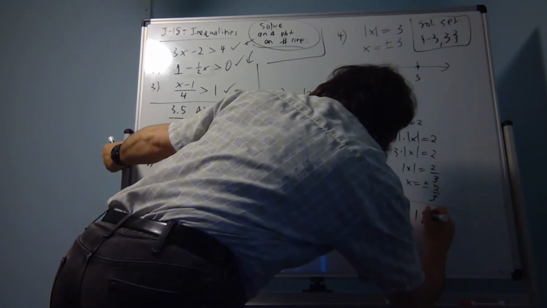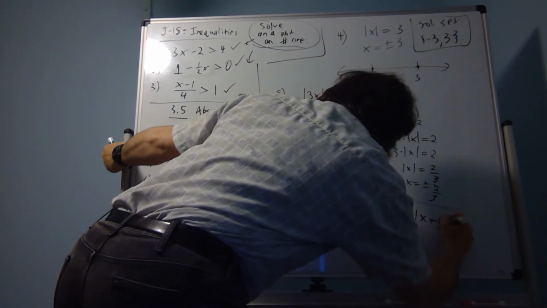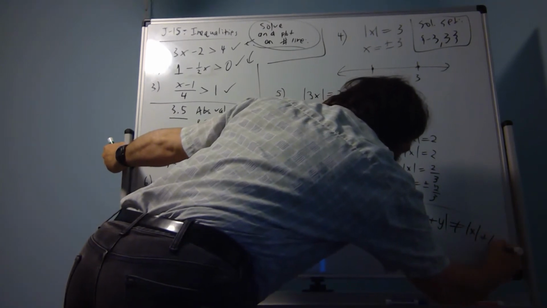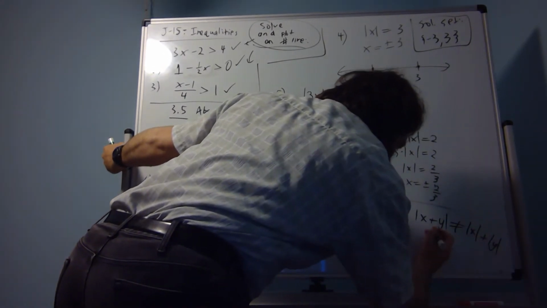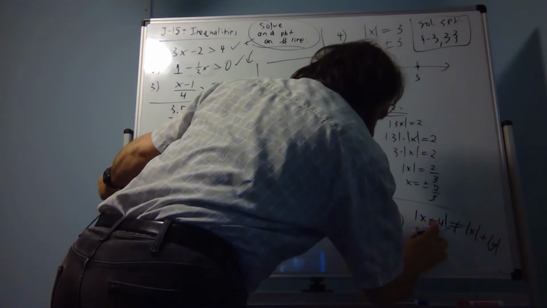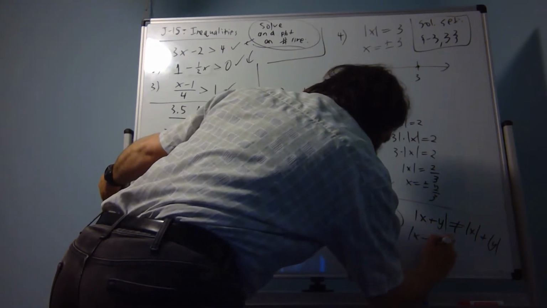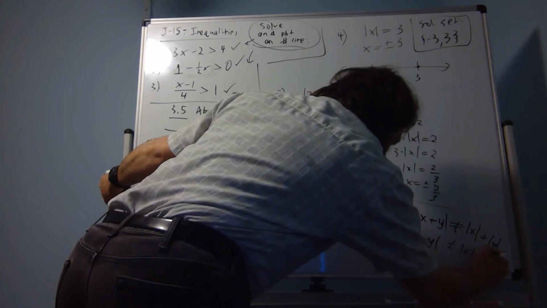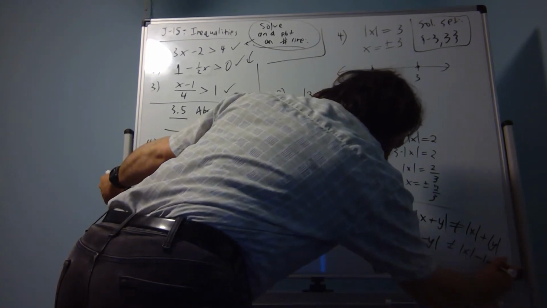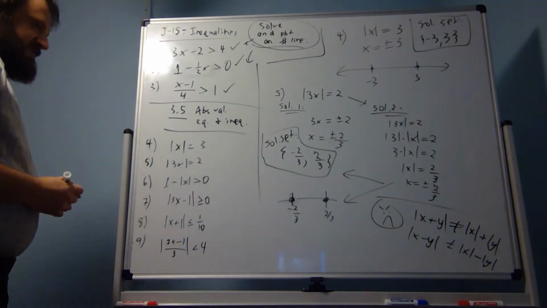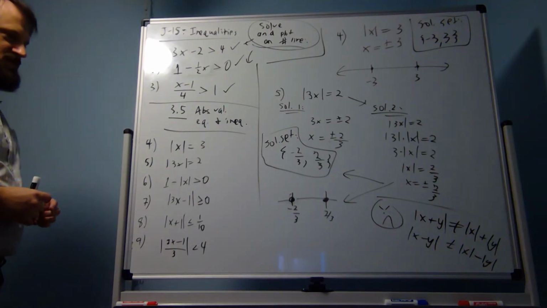So I just found some other problem. You can't really do anything with this at all. If you have absolute value of x plus y or x minus y, all these are almost never true. Like, if x and y are both 0 or something silly like that, sometimes it's true, but it's almost never true.